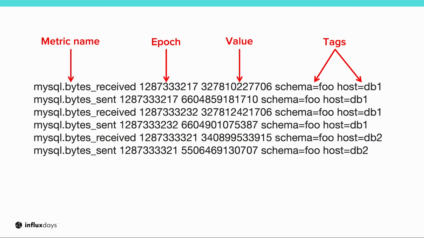So here's an example of some OpenTSDB data. On the left, you have a metric name, which is just a string. Then you have the epoch, that's the timestamp. You have a value, which is either an integer or a float. And then you have the set of tags. Tags are key-value pairs where the values are strings. The idea was you'd use those tags to organize this time series data.